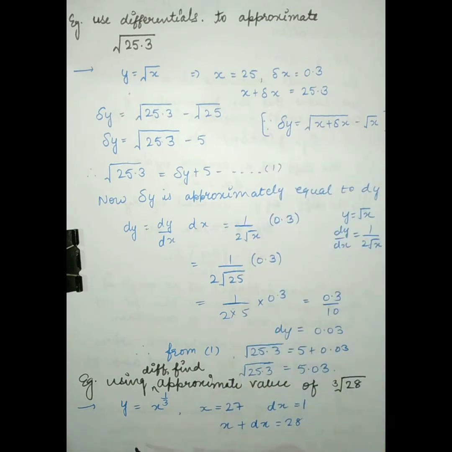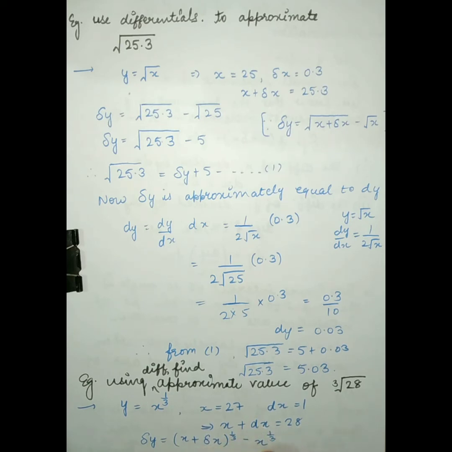By using this formula, here we get del y equals (x plus del x) raised to the power 1 by 3 minus x raised to the power 1 by 3. Then we will put the value of x plus del x, because del x is approximately equal to dx.